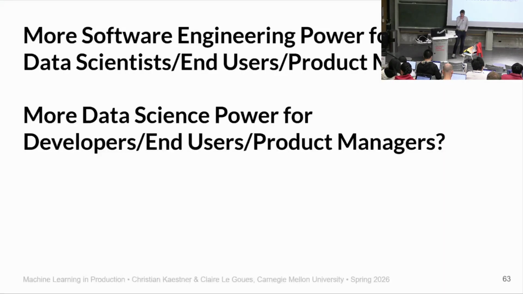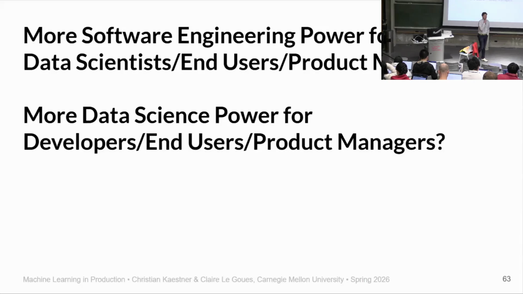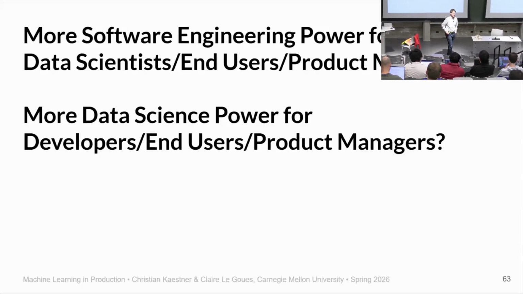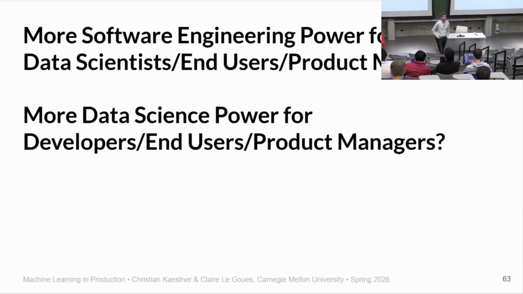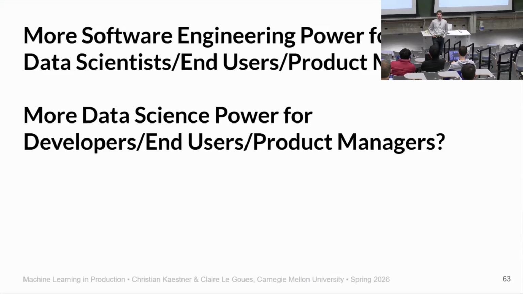Beyond radiologists, I think there are other things that we can speculate over. I think with coding agents, we make coding much more approachable to more people. So maybe we have more product managers who before sketched things in Figma and now build working prototypes. But then they want to get these working prototypes into production and don't understand that this is not really what you could put into production.